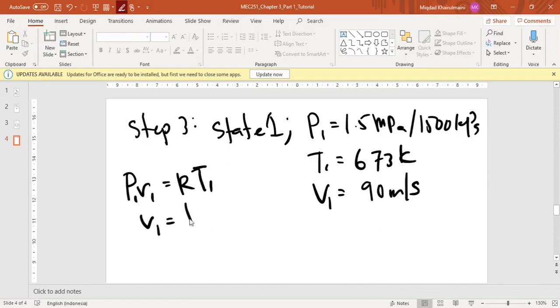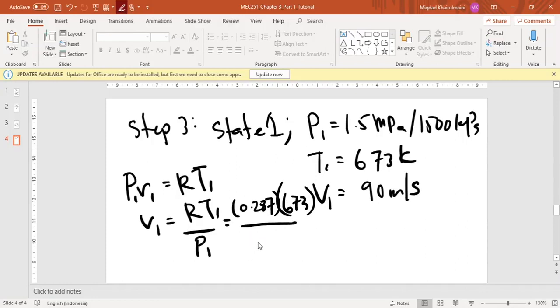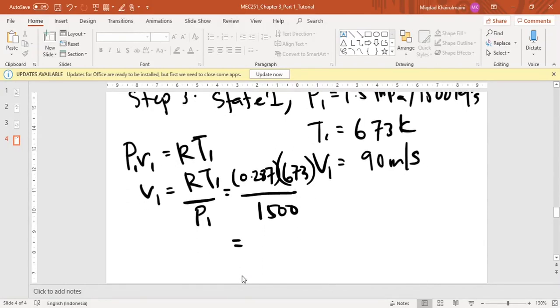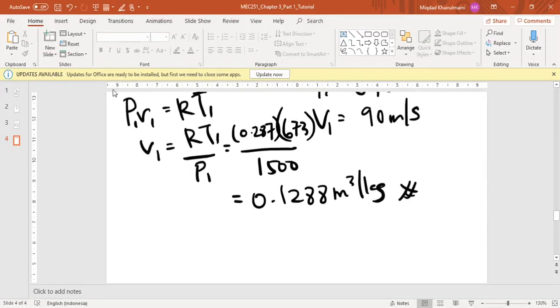Rearrange it, substitute the values, 0.287, 673, and pressure in unit kilopascal. We will get 0.1288 meter cubed per kg. So we have solved for specific volume at state 1.